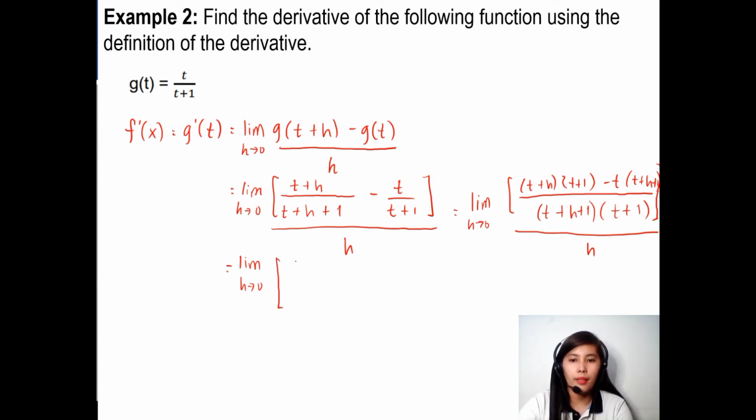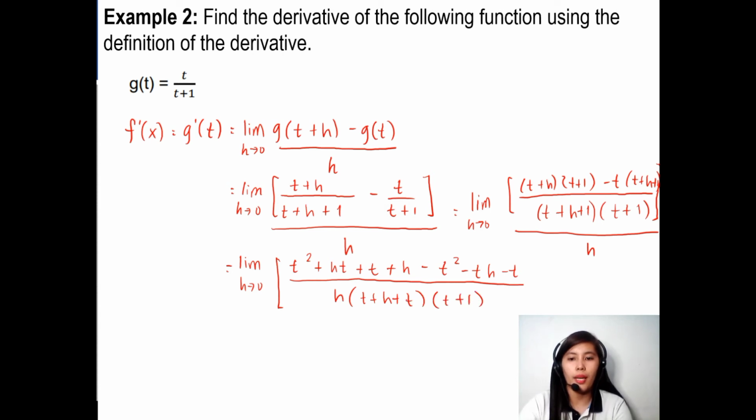So we will have t squared plus ht plus t plus h minus t squared minus th minus t, all over the denominator, h times t plus h plus 1 times t plus 1. Then let us check our equation.